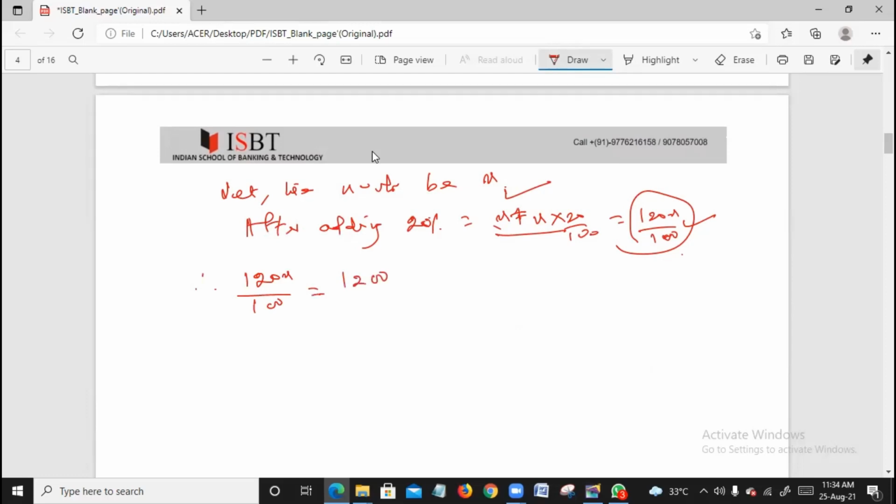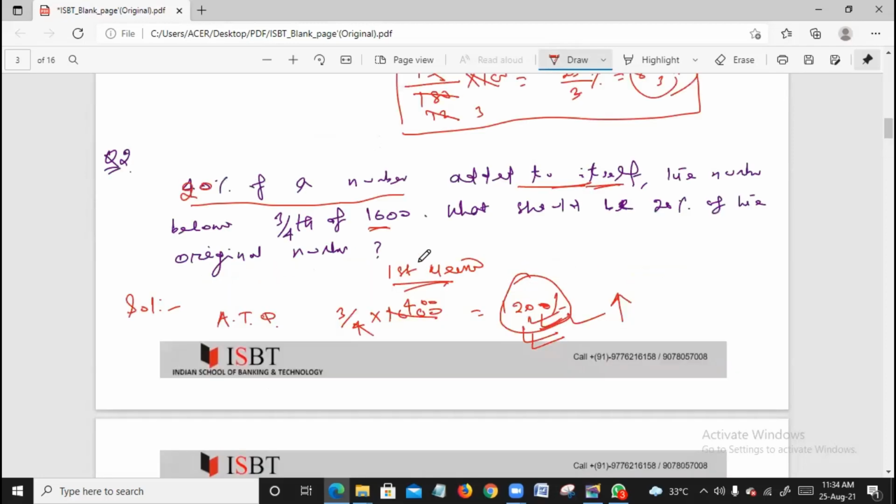So the zeros cancel, 12 and 10. Now x is equal to 100 into 10, which is equal to 1000. The original number is a thousand. Now you get the original number, thousand.